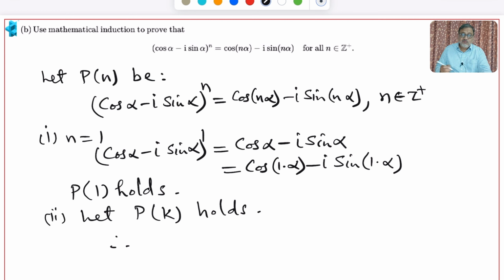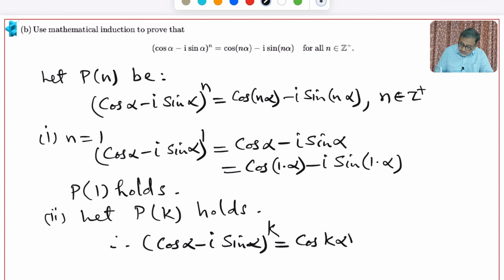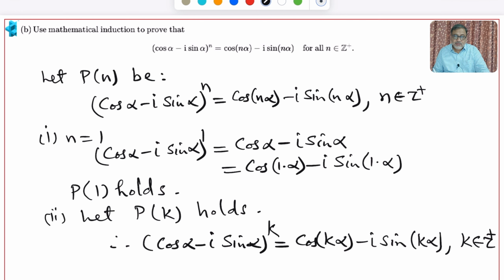So therefore, if P of k holds, then what we can write? We can replace n by k. So cos alpha minus I sin alpha to the power k will be cos of k alpha minus I sin of k alpha for any k belonging to positive integers, right?